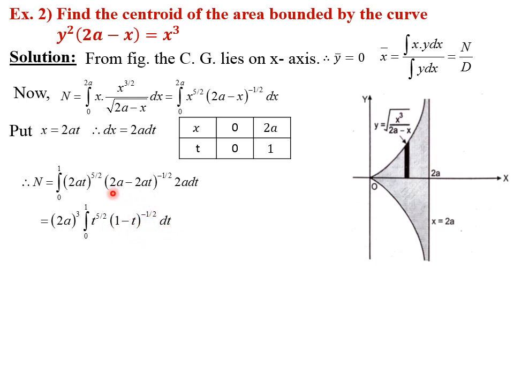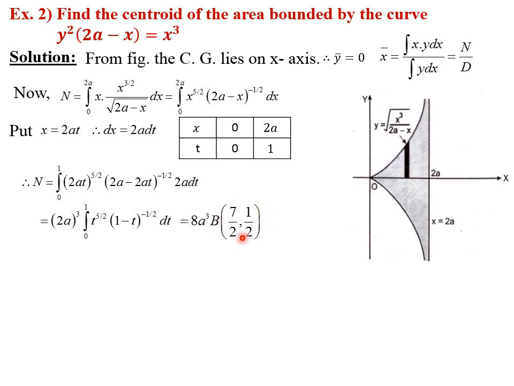Now this remaining integration term is completely in standard beta function form. When we apply that formula, we get 8a cube, the value of 2a cube, into beta of 7 by 2 comma 1 by 2. You know very well how to evaluate this beta function with respect to the gamma function.